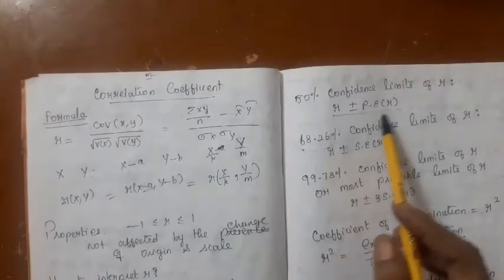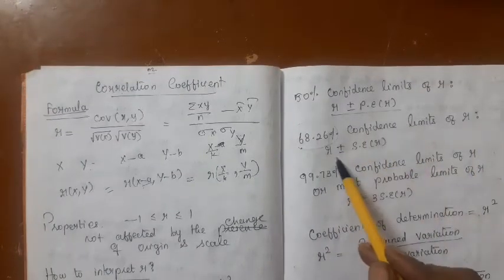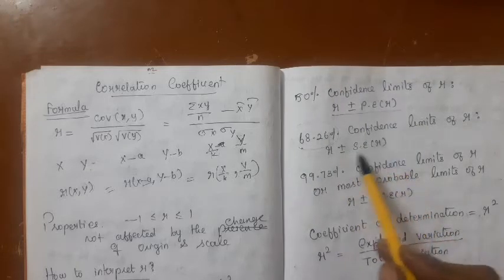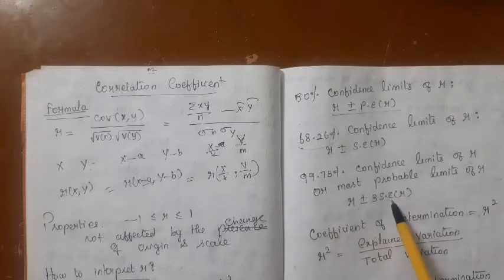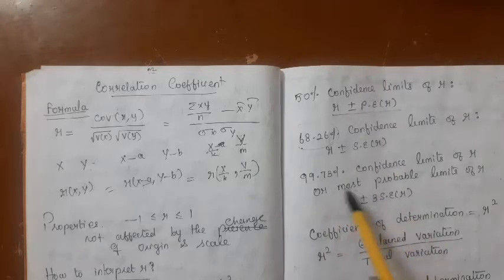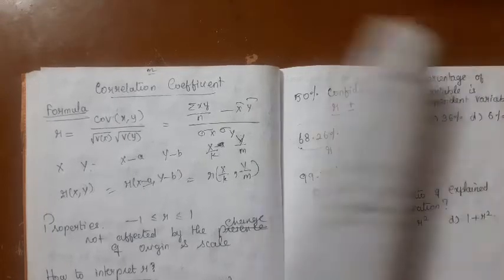And the 50% confidence limits of R are R plus or minus probable error of R, and this is the 68.26 percentage, 1 sigma limits for R, and this is the 3 sigma limit, also called the 99.73 percentage confidence limits. Okay, fine.